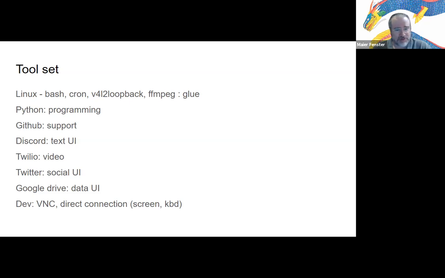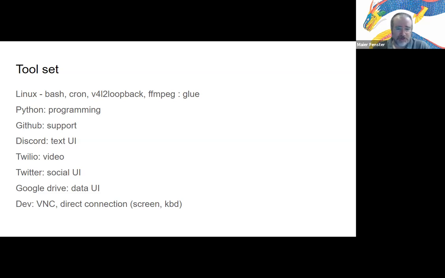If not, very briefly, Linux is an operating system. I'm using it for glue. Python is a programming language. I'm using it to do programming and control. GitHub gives you support for managing software. I'm using Discord, which is a chat app for a text user interface.